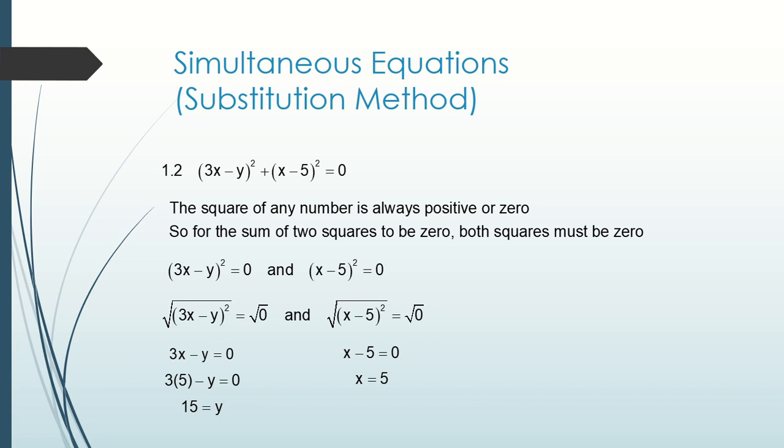Very interesting question. The process of finding the values of x and y is very simple, but the trick was realizing that when you add two squares, the only way that they will give you 0 is if both of them were 0.